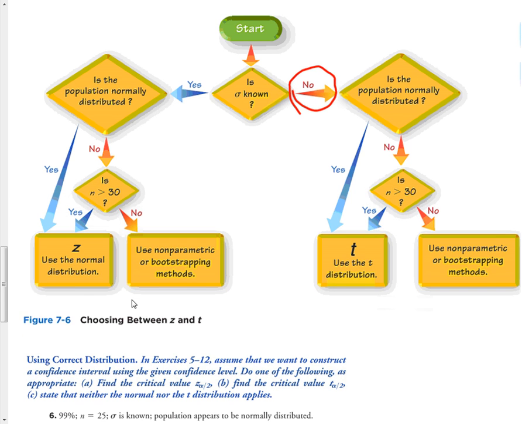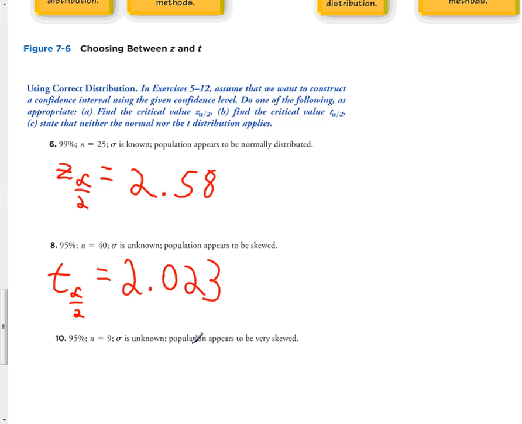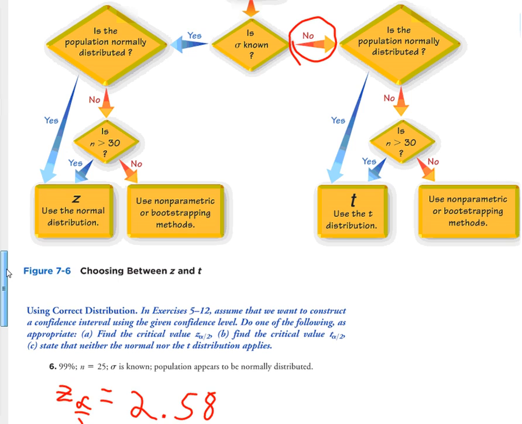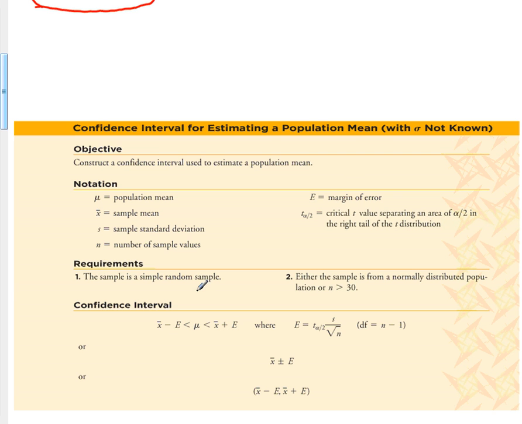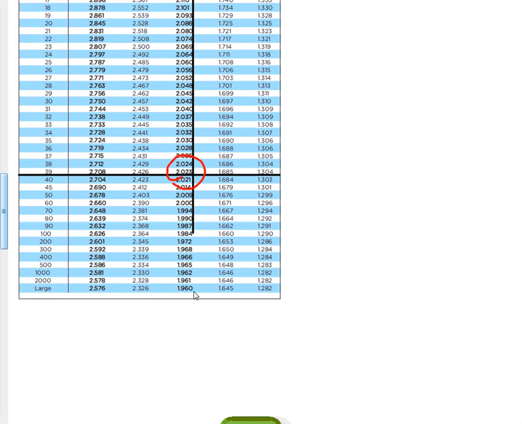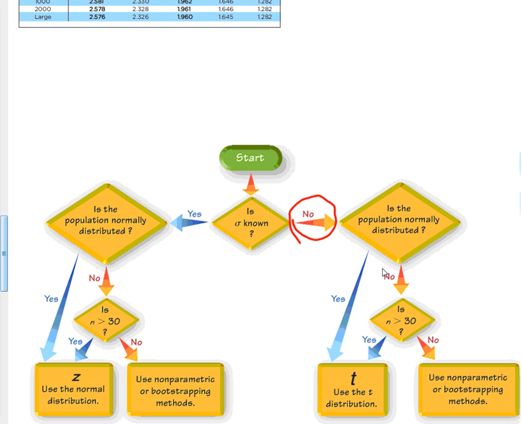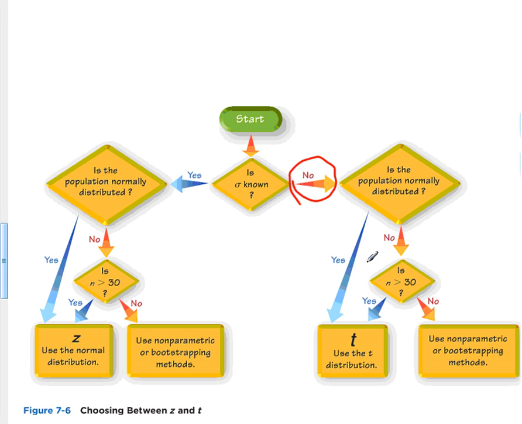Down here it says the population appears to be very skewed. If the population is very skewed, it's not normally distributed, so the answer to that question is also no.